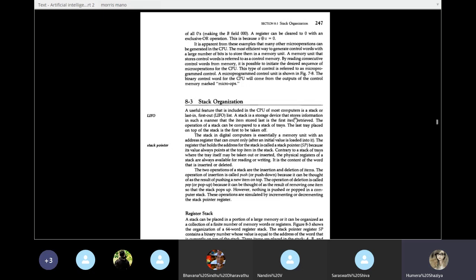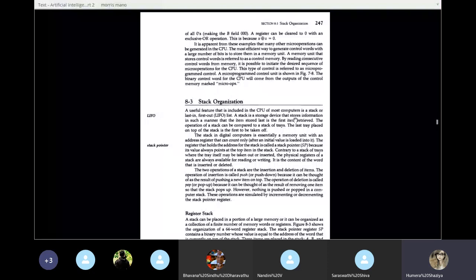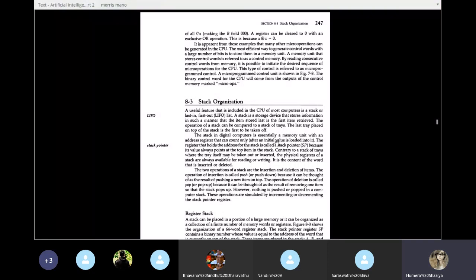So this stack has several uses in a computer system. We will look at what are the different uses of stack in a computer system. The first use is essentially a memory unit. You have a part of the memory unit which functions as a stack.